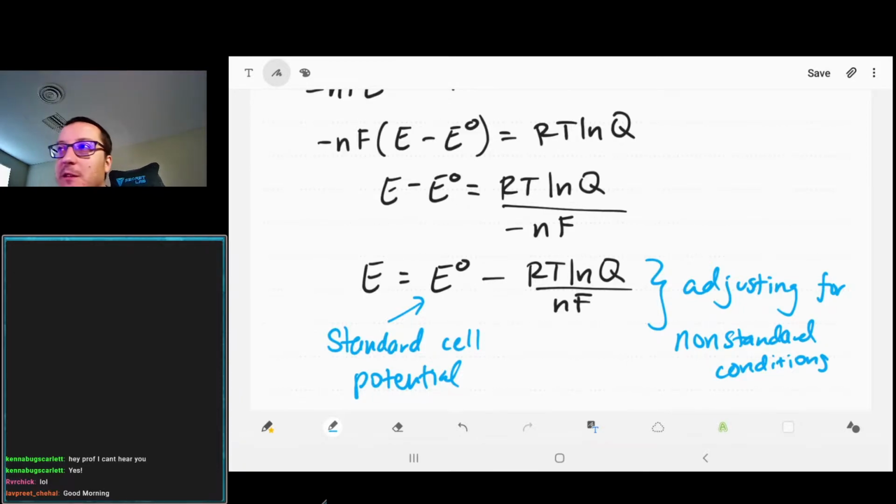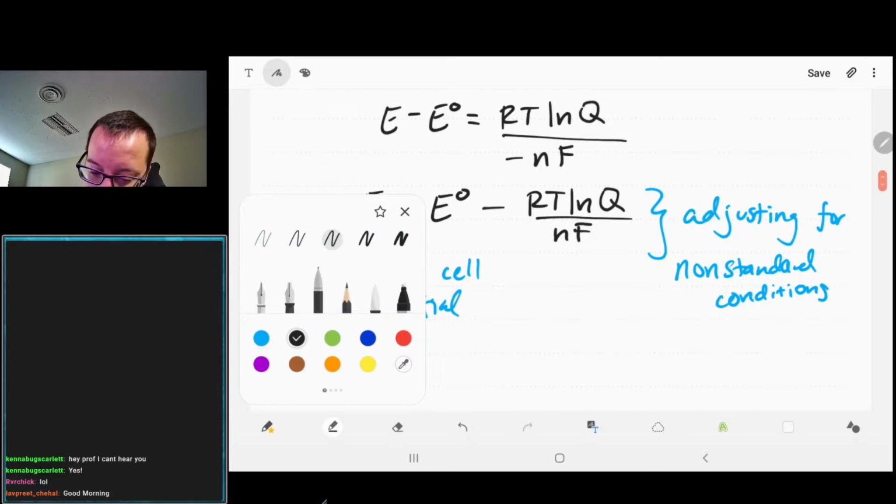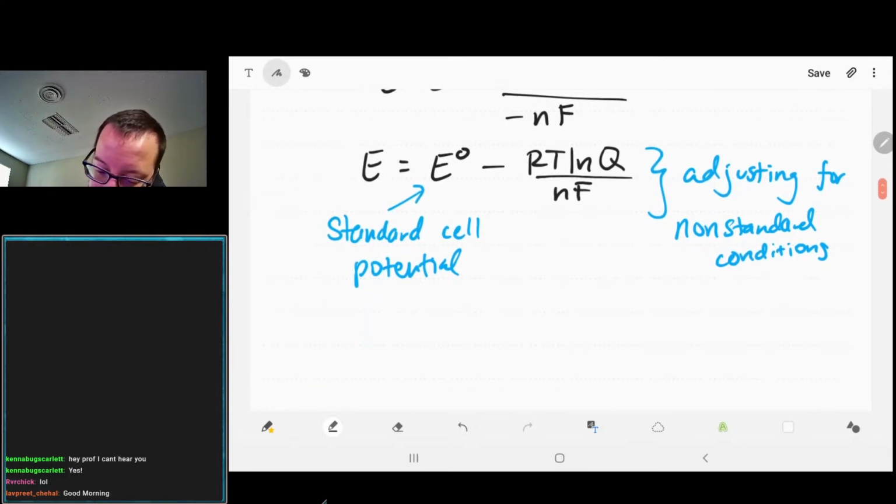For whatever reason, people like to adjust this equation further. I think it's fine as is, but why not? I can show you what some people will do with this. They can lump all those constants together.